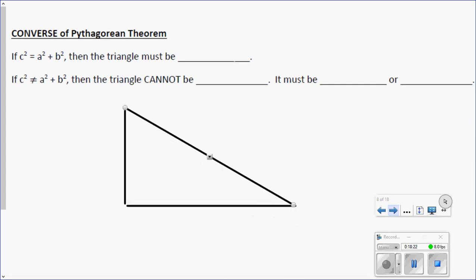Is that a right triangle? You don't know. I didn't put the little square there, and you don't have any numbers. If I write this, is it a right triangle? How do you know? Can I find out? How?